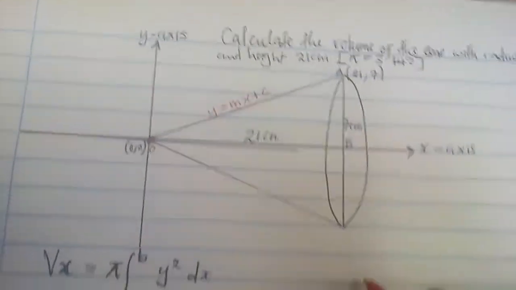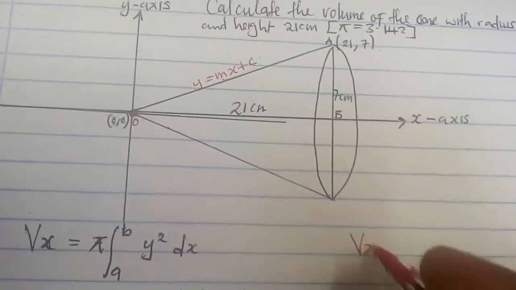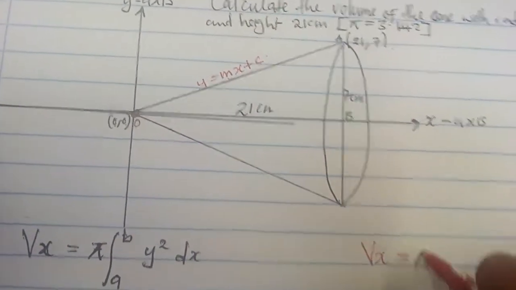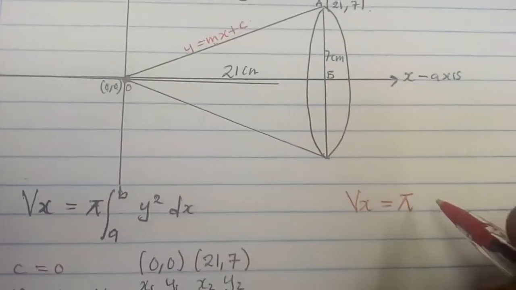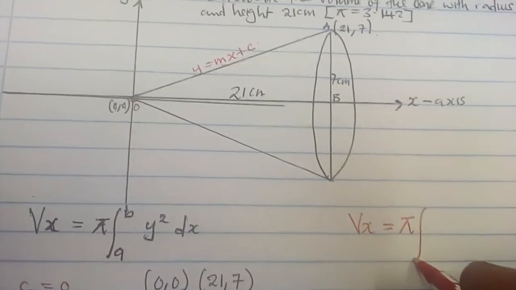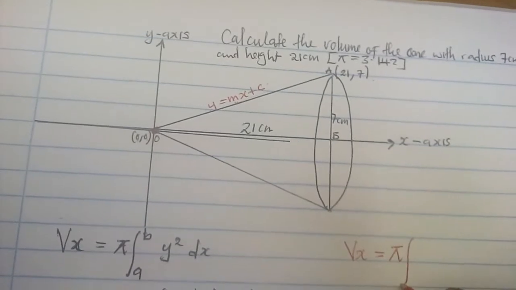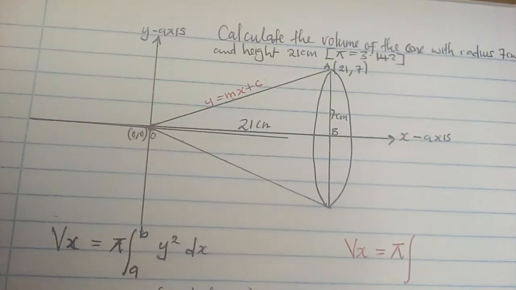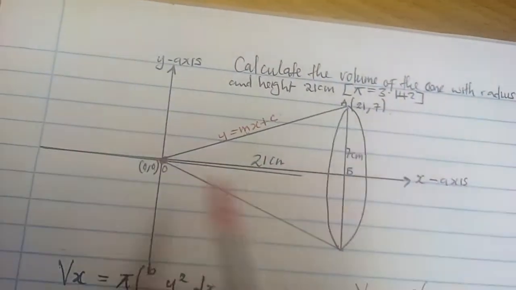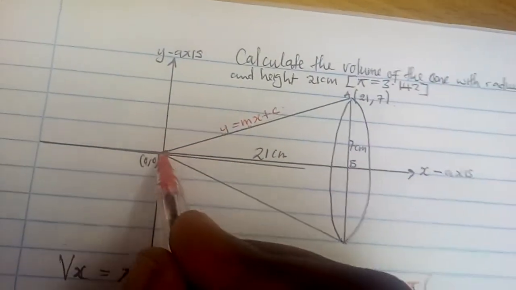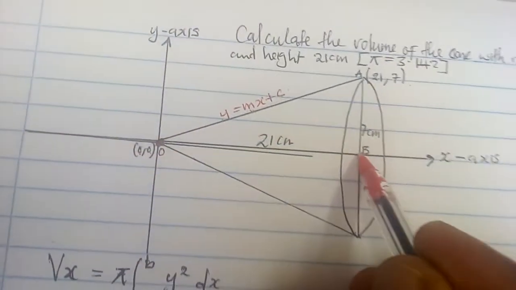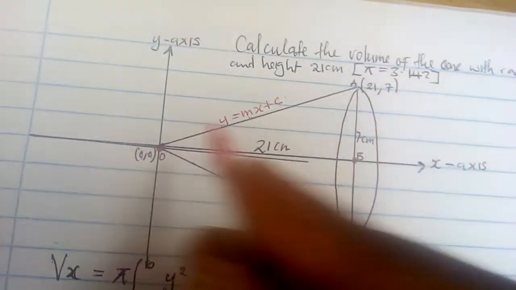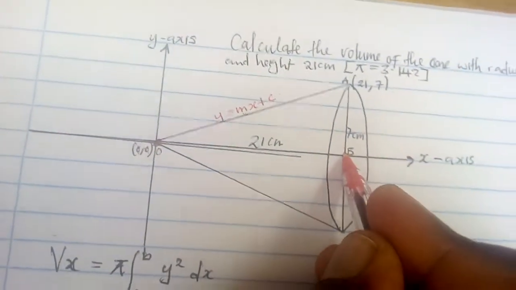So how do we determine the volume? Volume in the x-axis is equal to pi, and we are integrating with respect to x. Our limits on the x-axis are from this point to that point, so this point is 0 and that point is 21.